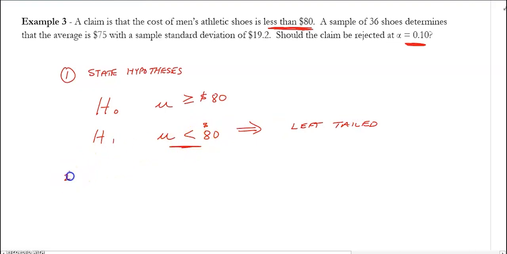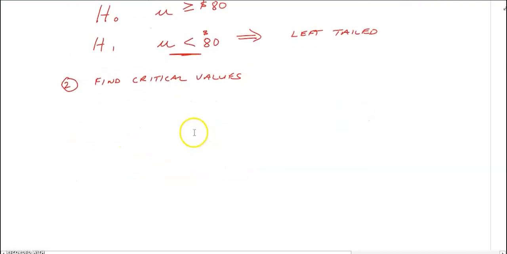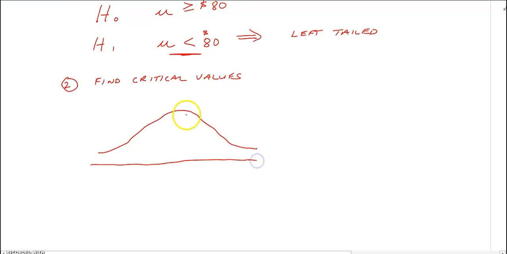Second is to find the critical values. Based on our information, what does that look like? Once again, in terms of our picture, let's put our normal curve with the mean in the center.